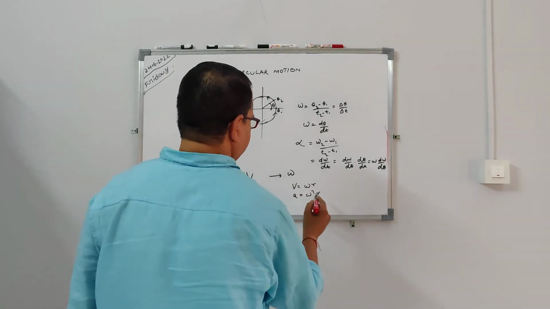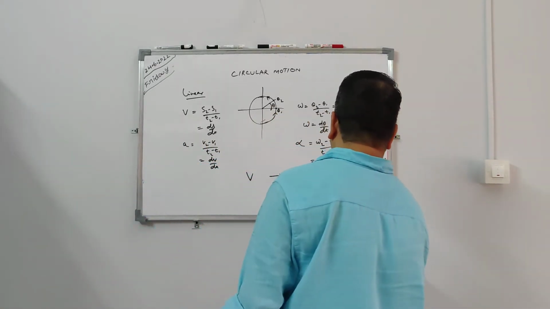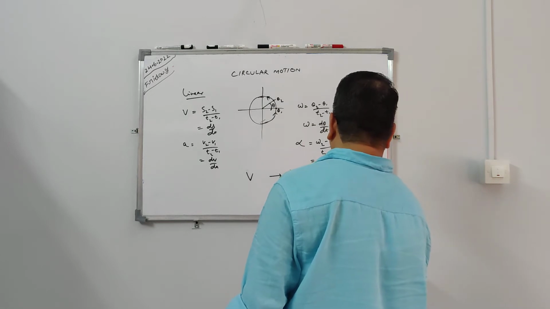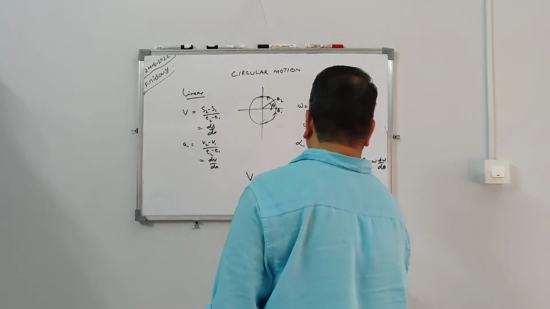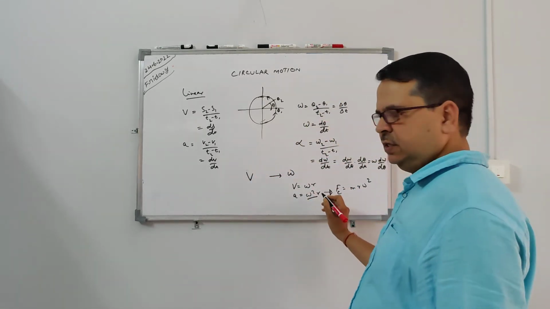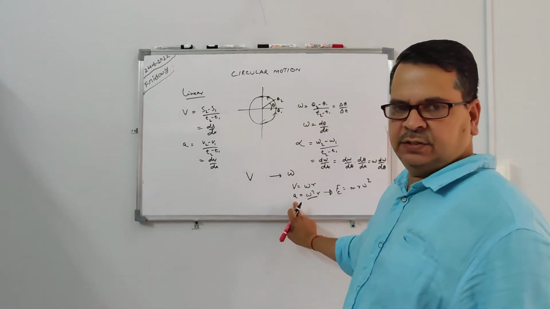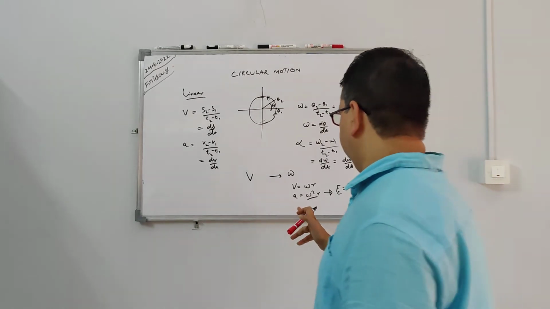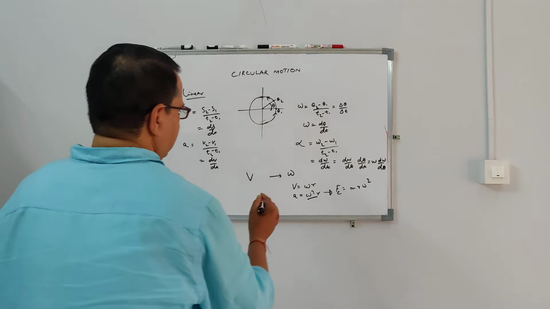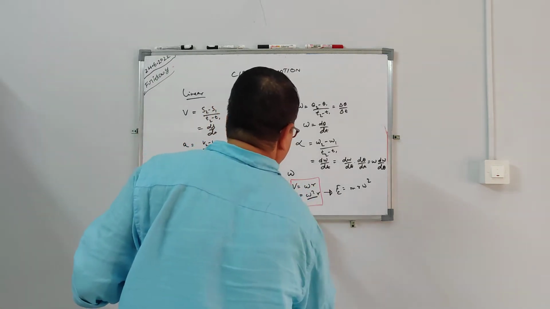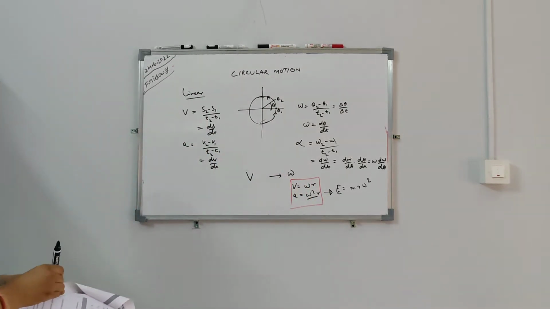So you know that centripetal force or centrifugal force, Fc is equal to m r omega square, because this is acceleration. This is linear acceleration, not angular acceleration. So you have to remember that v is equal to r omega and acceleration is equal to omega square r.